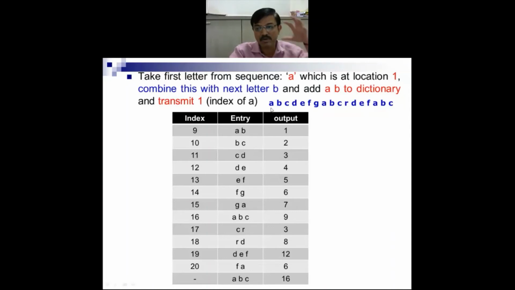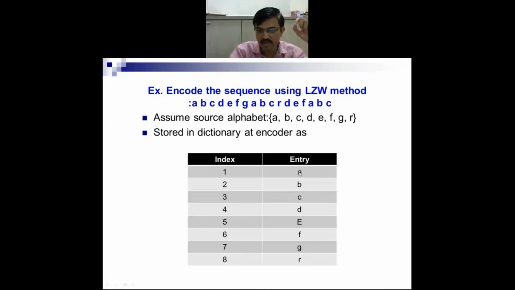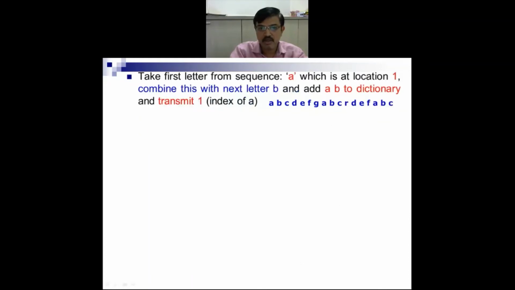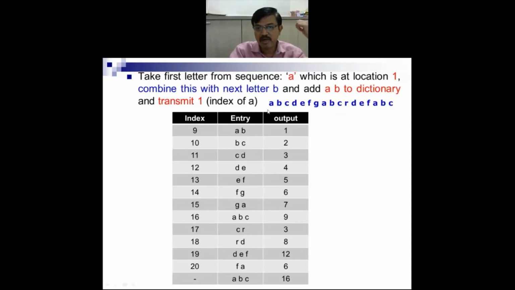Look at the approach of LZ77 and LZ78. The same way I'm going to follow. I need to create comma separated subsequences in the dictionary, and each subsequence will get appended to my dictionary. My dictionary already contains 8 characters A, B, C, D, E, F, G, R, which are my source alphabets. Now, to these 8 characters I need to go on appending by creating comma separated subsequences, following the method of LZ77 and LZ78.